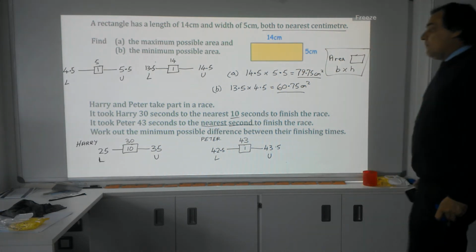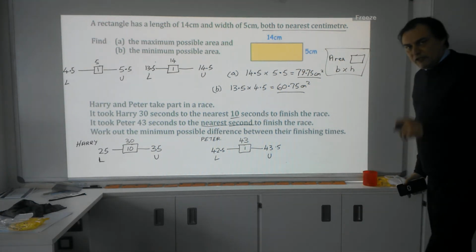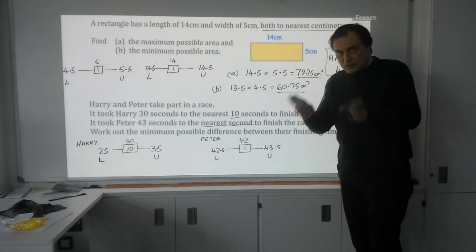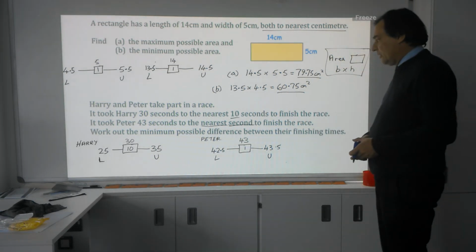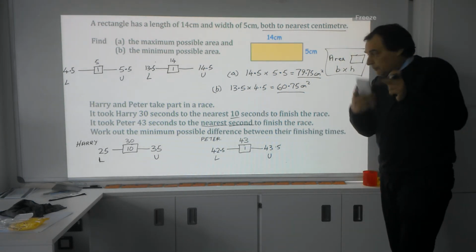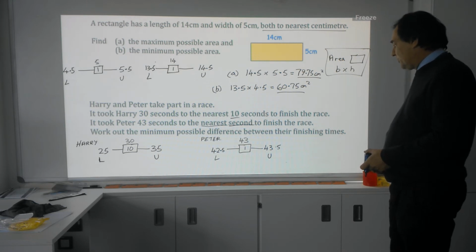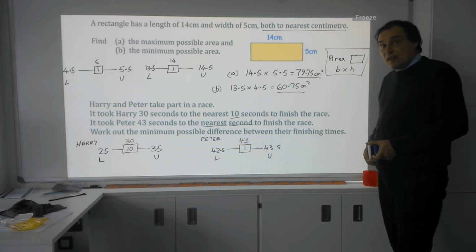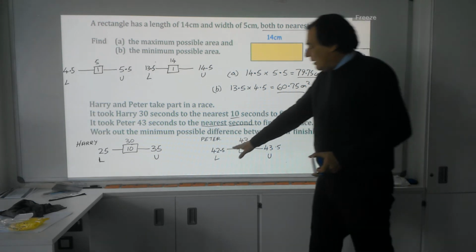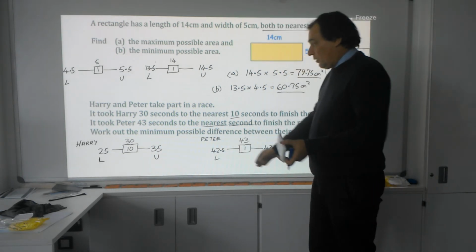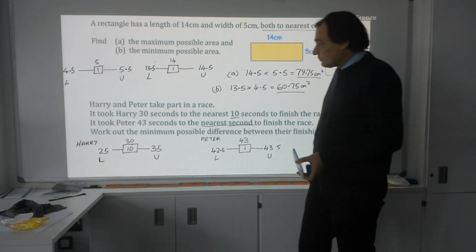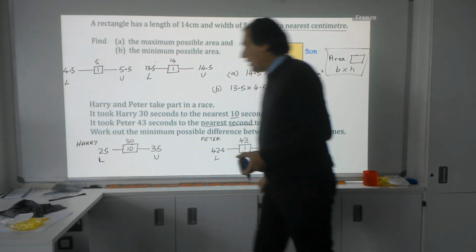Now, the minimum possible difference. Difference, remember, means take away, the difference between two numbers, taking them away from each other. It's not going to be Peter's lower bound, in other words his quickest time, take away Harry's quickest time.